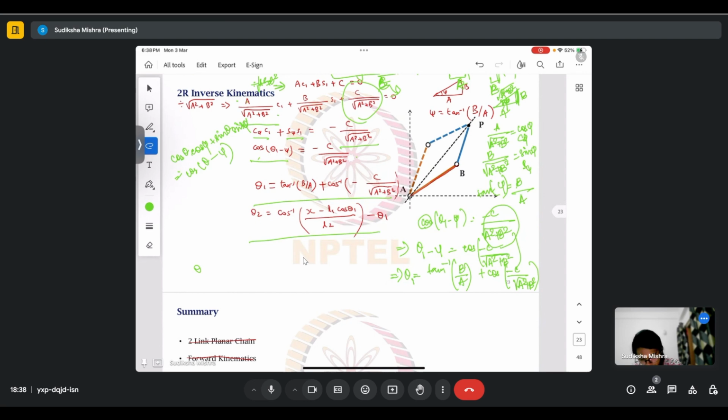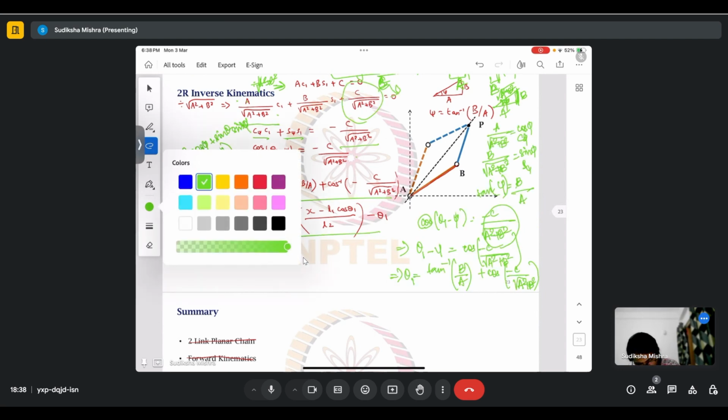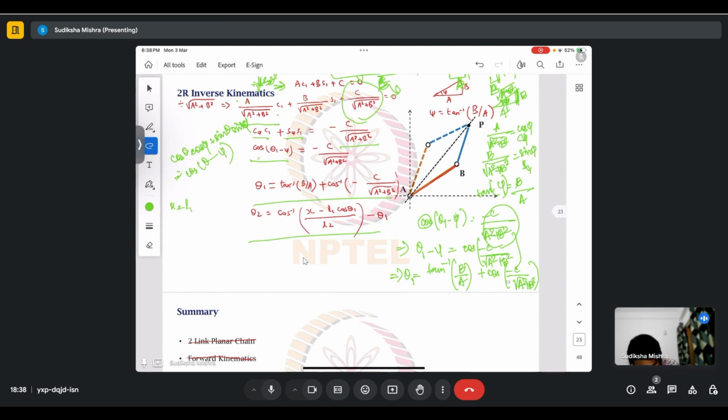cos of theta 1 plus theta 2 is what we need. So if you are looking at the x expression, x is equal to L1 cos theta 1 plus L2 cos of theta 1 plus theta 2.